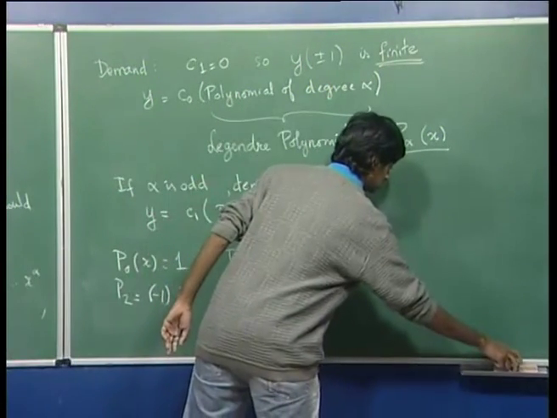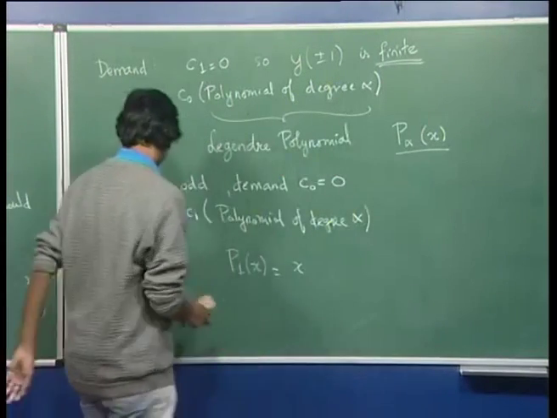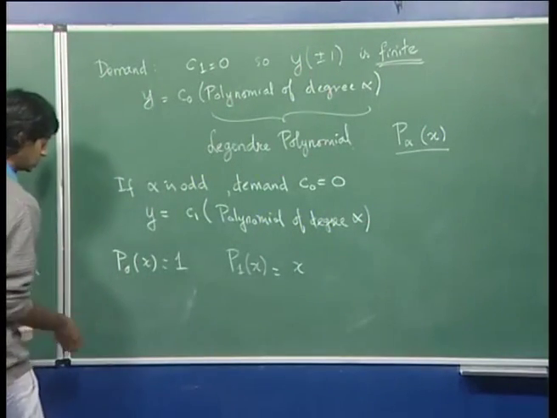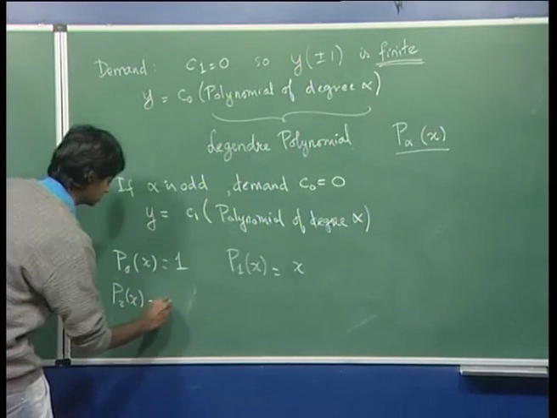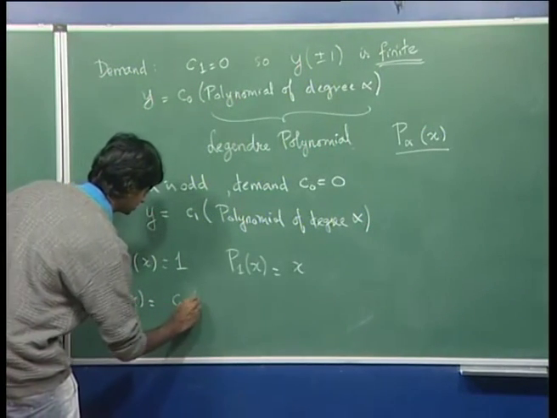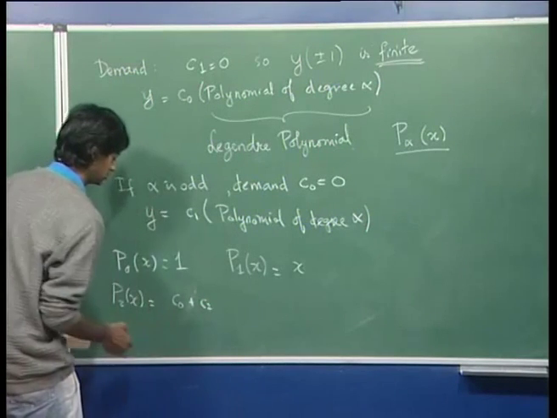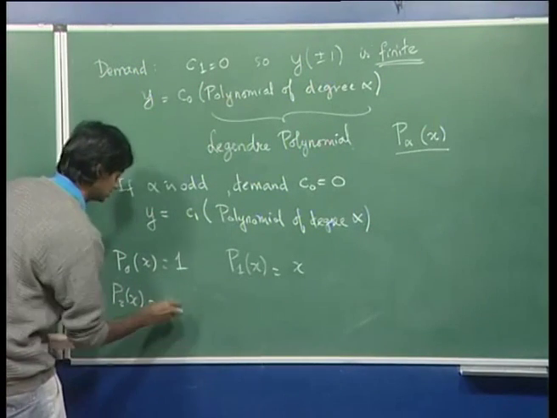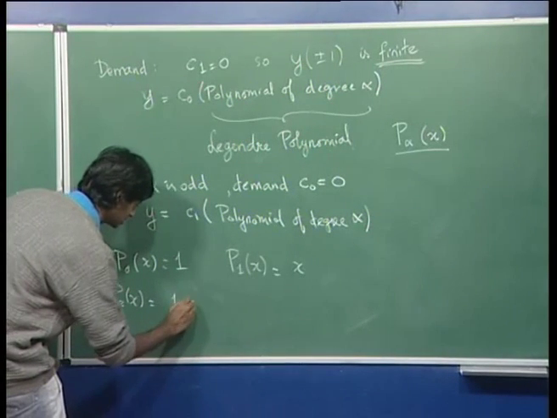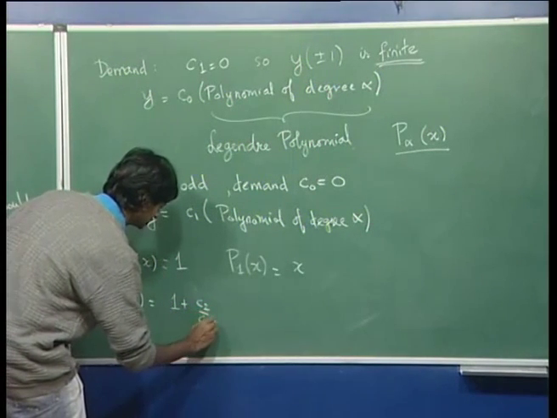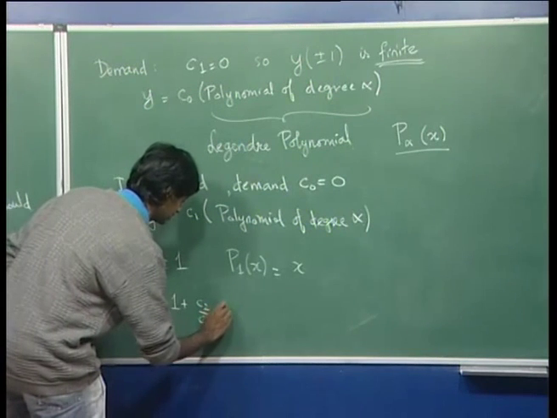I think you would need to be a little more careful. So, p2 of x is equal to 1 plus C2 by C0 x square.